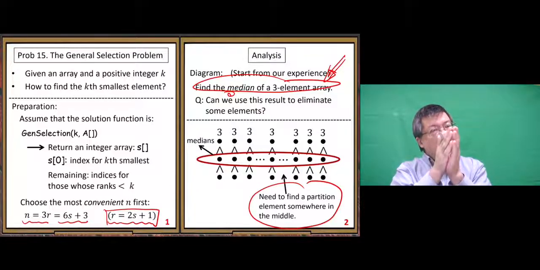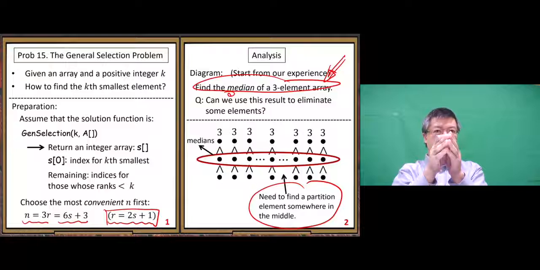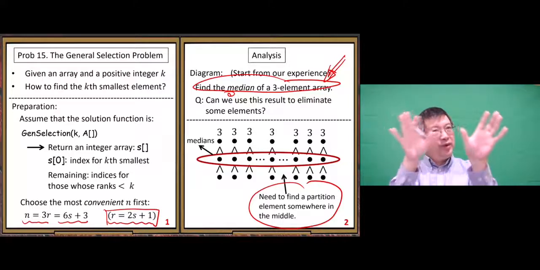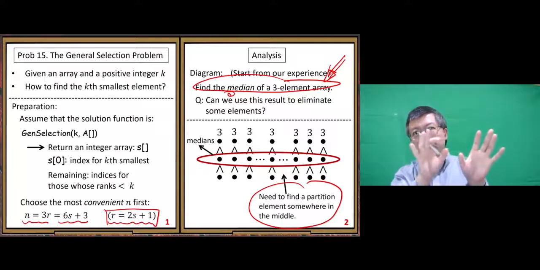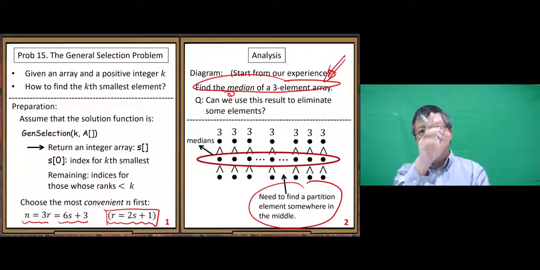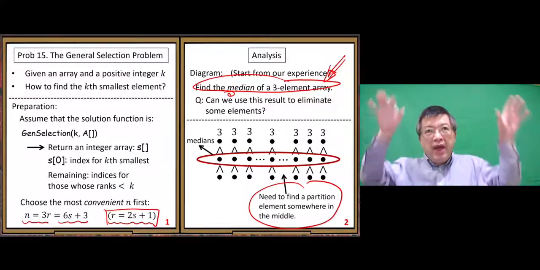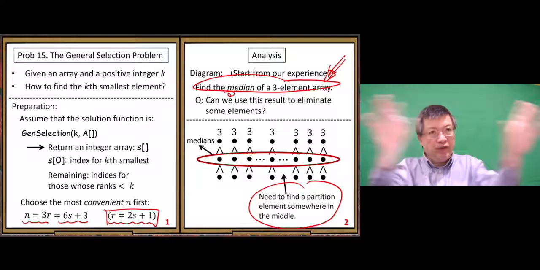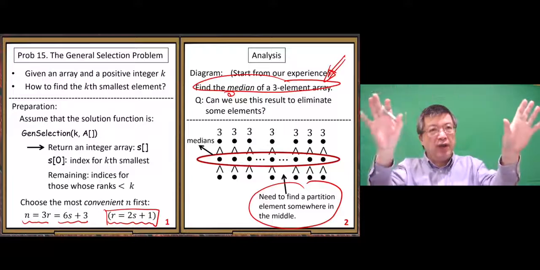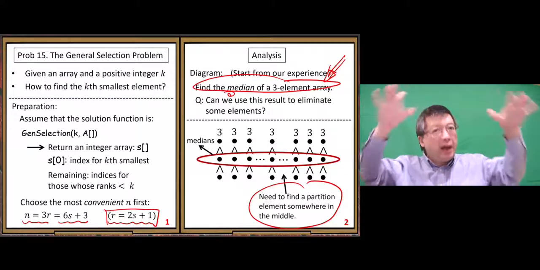The partition element, if it is located near the middle, the rank near the middle, then we will get a better performance. So remember that balancing principle. If the partition element is near the middle, then our split, our division of the original array is more balanced.